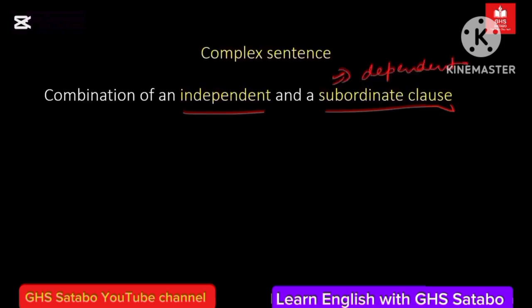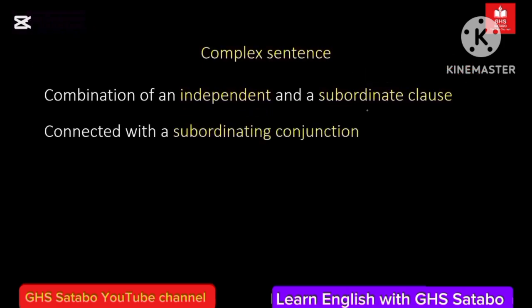So this is the difference between a compound sentence and a complex sentence. In compound sentences, we have two independent clauses, but in complex sentence, we have an independent clause and also a dependent clause.